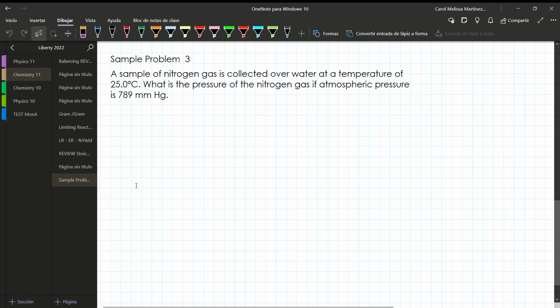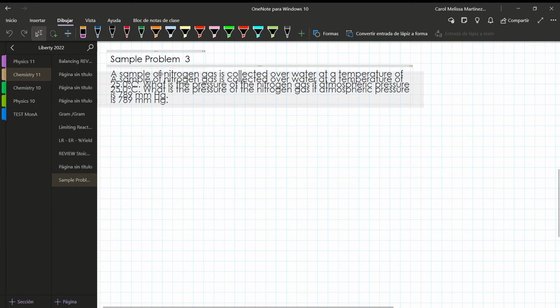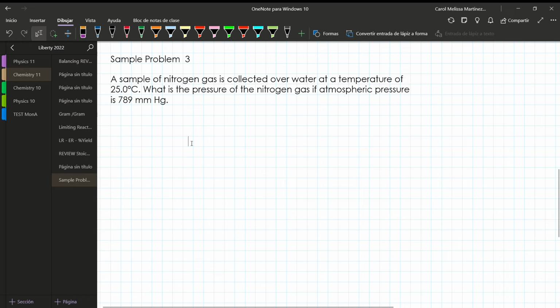Well, let's continue with the other problem. It says a sample of nitrogen gas is collected over water. What does collected over water mean?